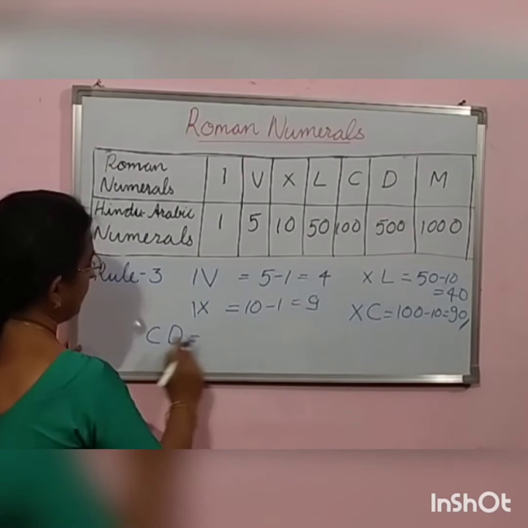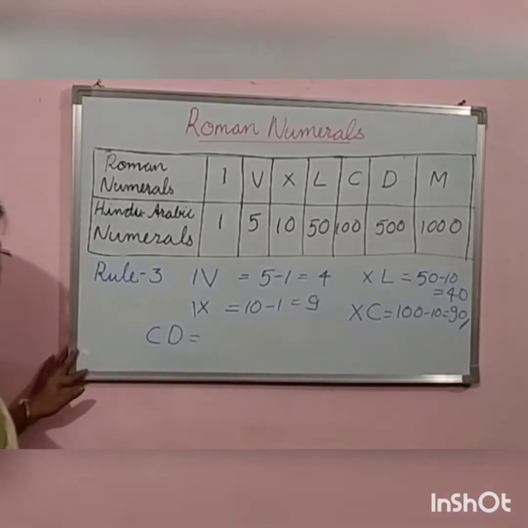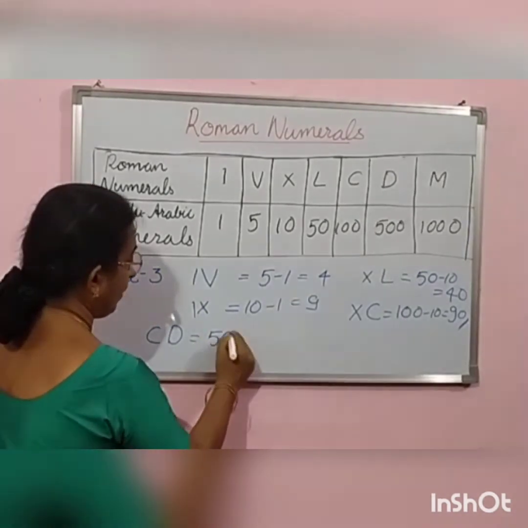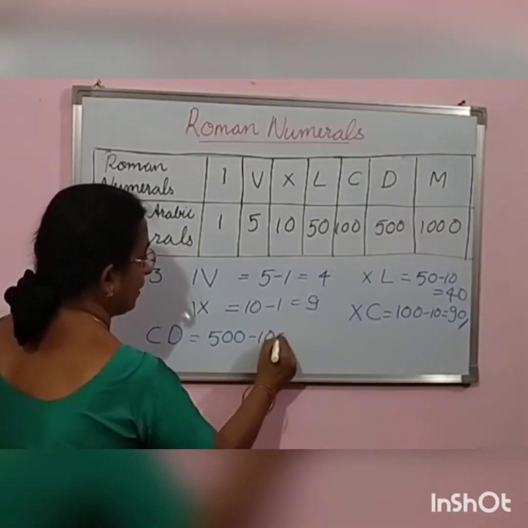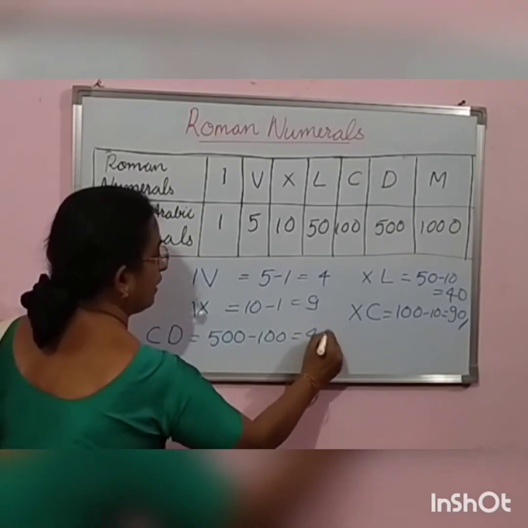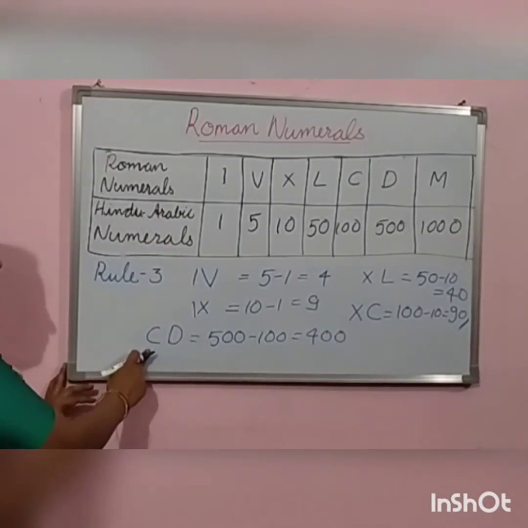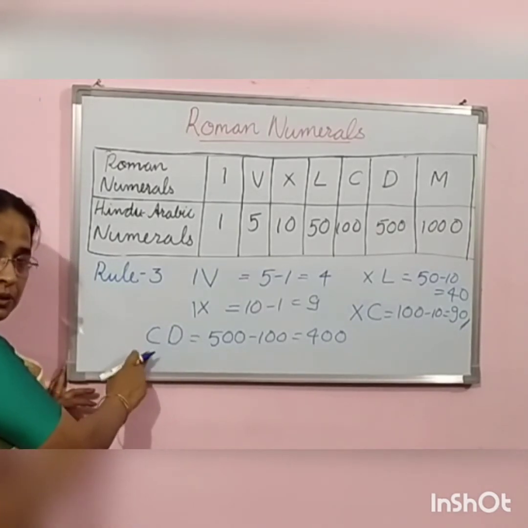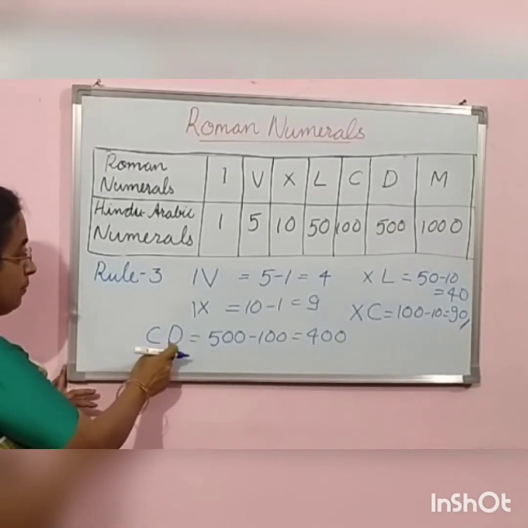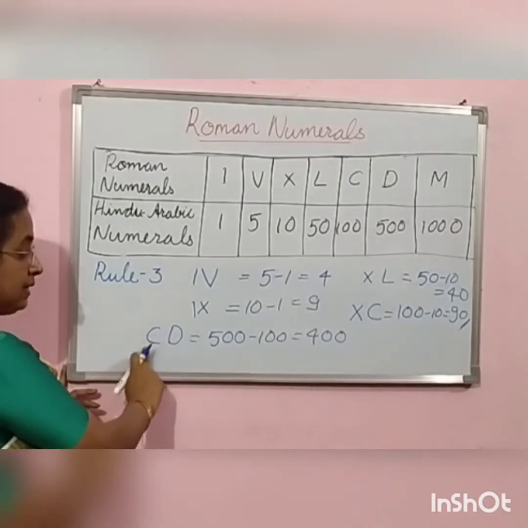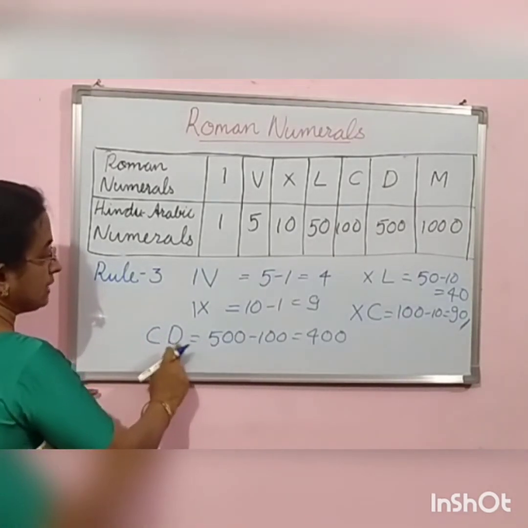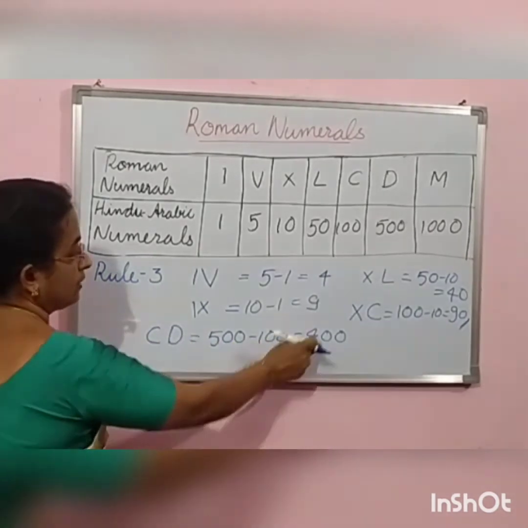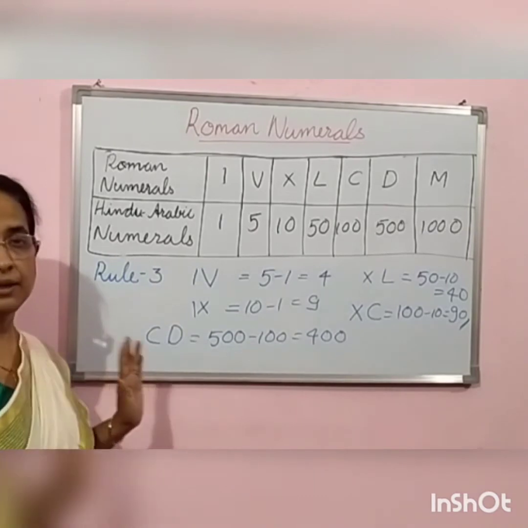CD: C is 100, D is 500. C is smaller than D, so 500 minus 100 equal to 400. The smaller one is placed before the greater one, so the smaller one is subtracted from the greater one. That is the third rule.